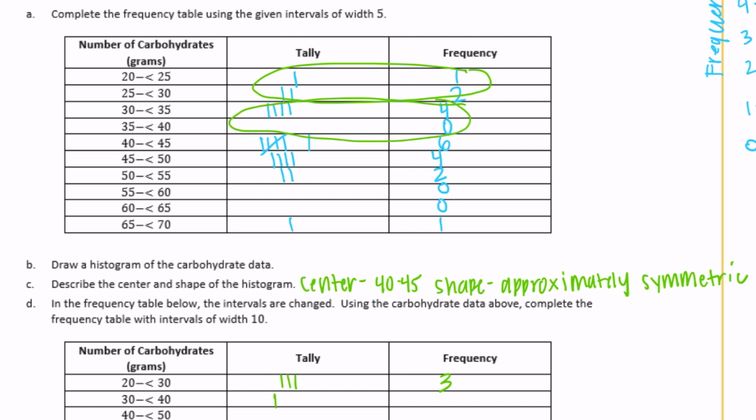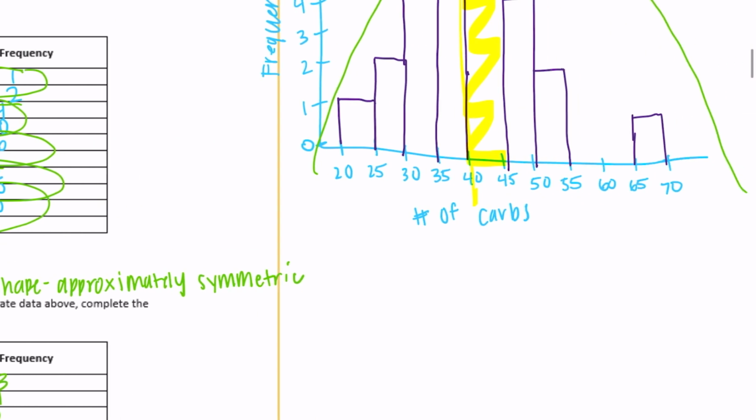So that would be 4. And combine these two. So that would be 10. We have 2. And then 1. So we're going to make a new histogram with this data.